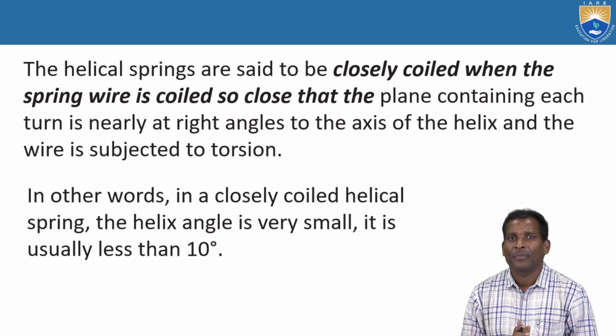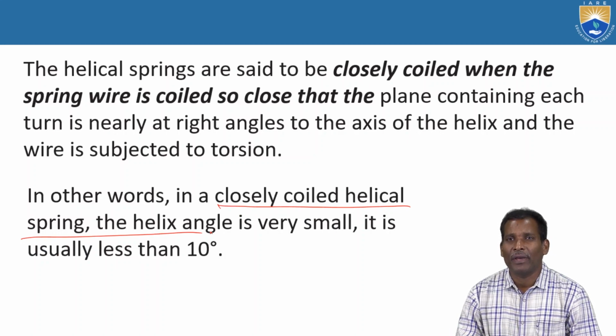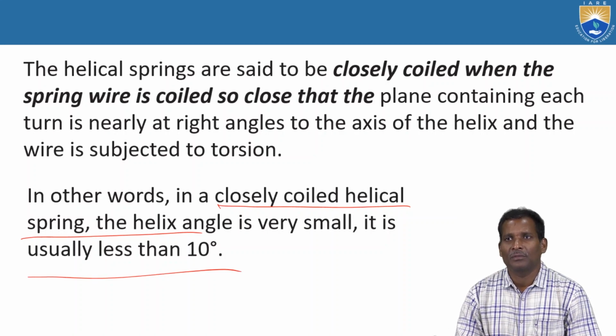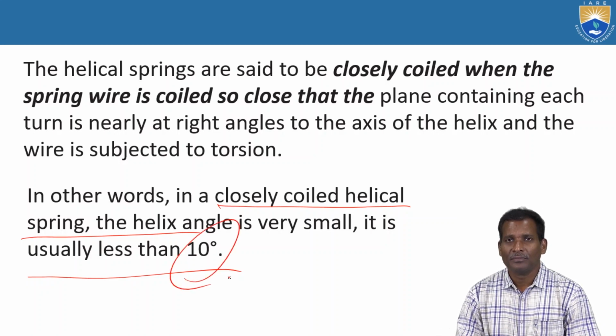In other words, in closely coiled helical springs the helix angle is very small, usually less than 10 degrees. These types of springs are called closely coiled helical springs.